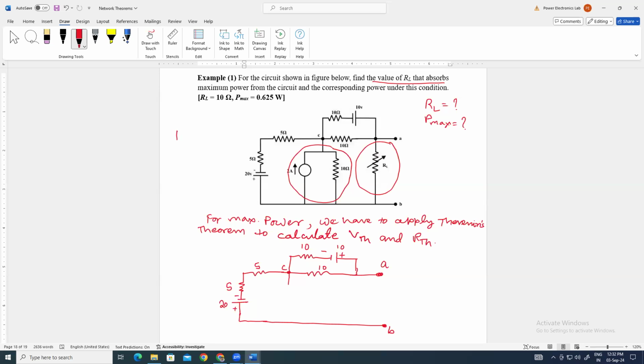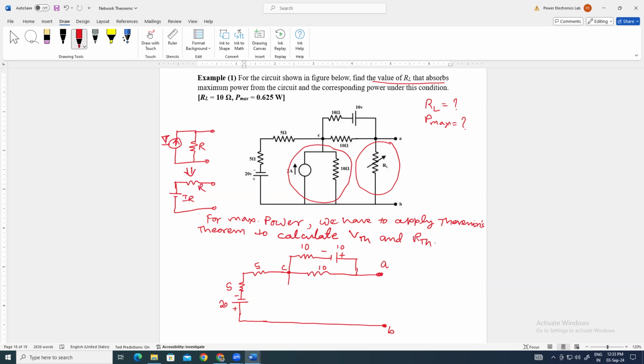A current source in parallel with a resistance can be converted into a voltage source in series with the same resistor. The voltage source value will be I into R, and the same resistor will be there.